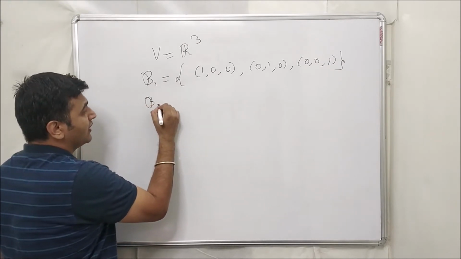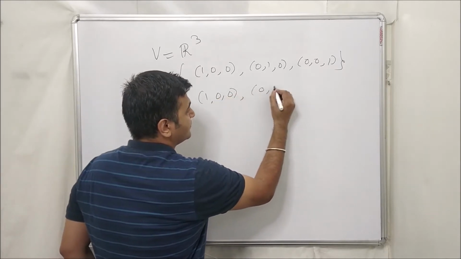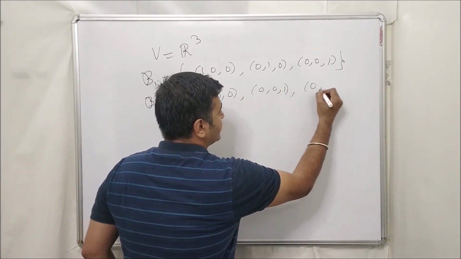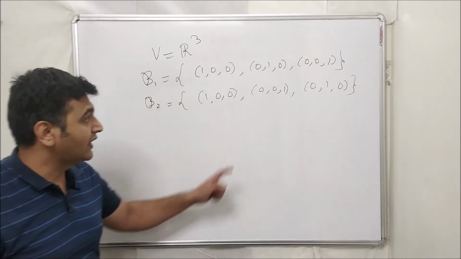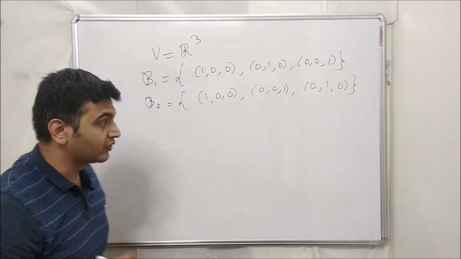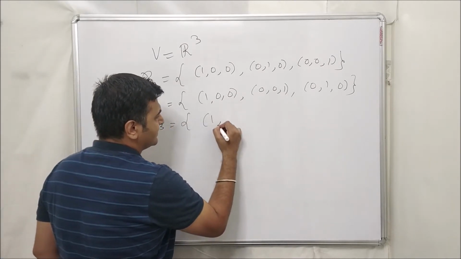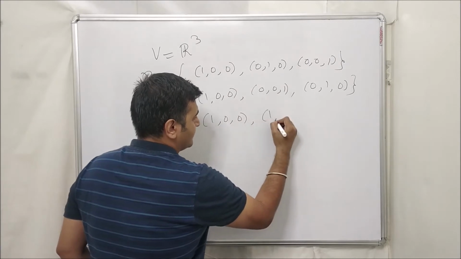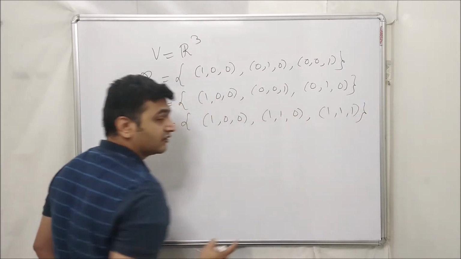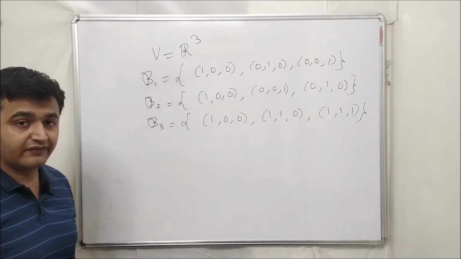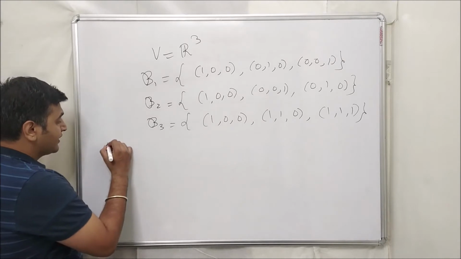Let me call B2 as (1,0,0), (0,0,1) and (0,1,0). Now B2 is also a basis, but I have changed the order. For practice, let me take one more basis: (1,0,0), (1,1,0) and (1,1,1). If you are not sure, you can check that all these three form a basis for R3.